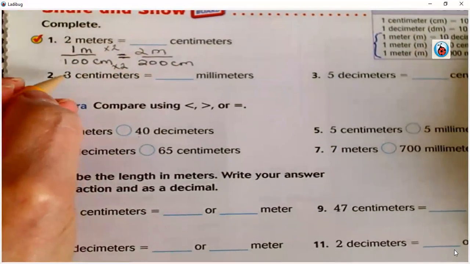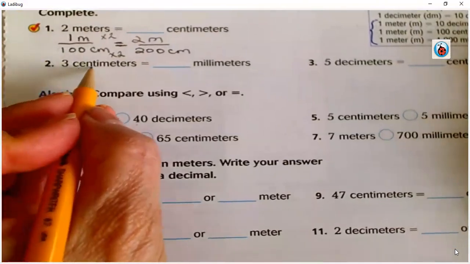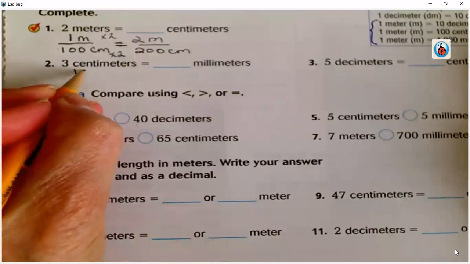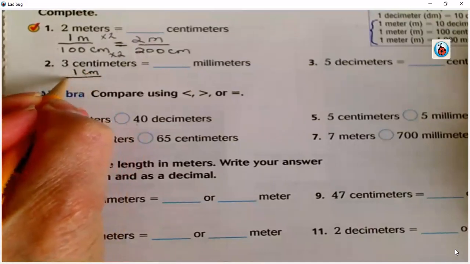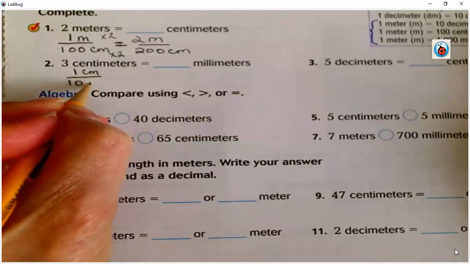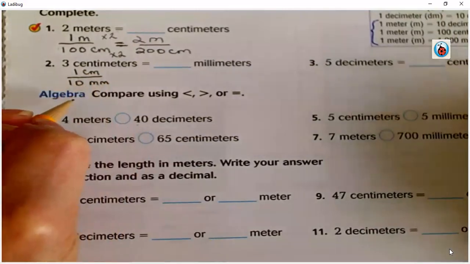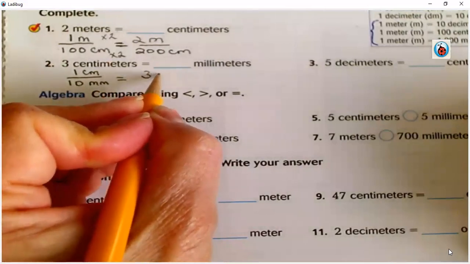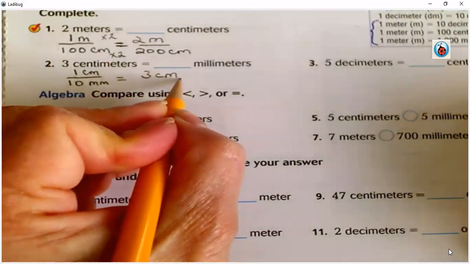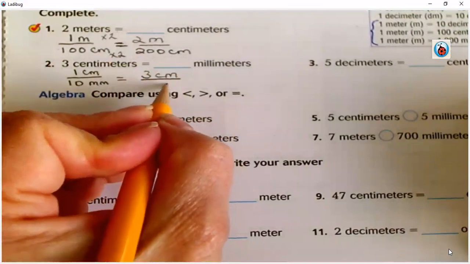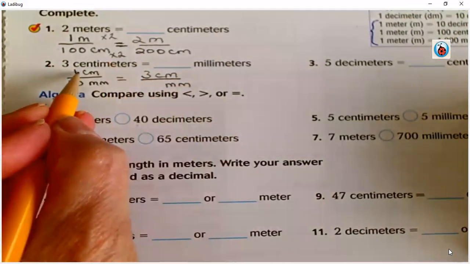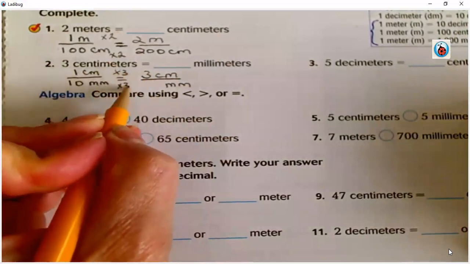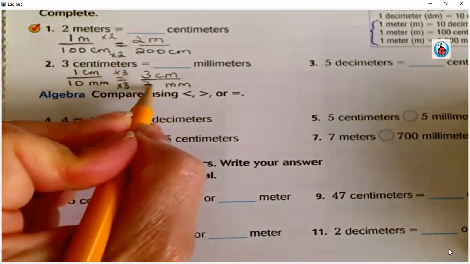I find that to be very helpful. 3 centimeters, and I'm going from centimeters to millimeters. Well, I know that in 1 centimeter, there are 10 millimeters. So 3 centimeters is how many millimeters? Well, I multiplied this by 3, so I'm going to multiply this by 3. 10 times 3 would be 30.